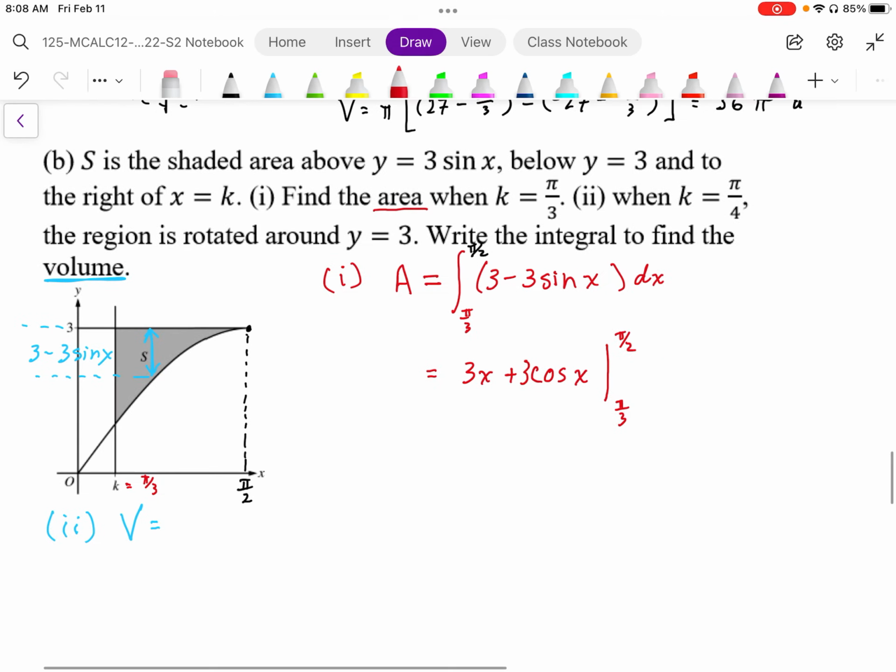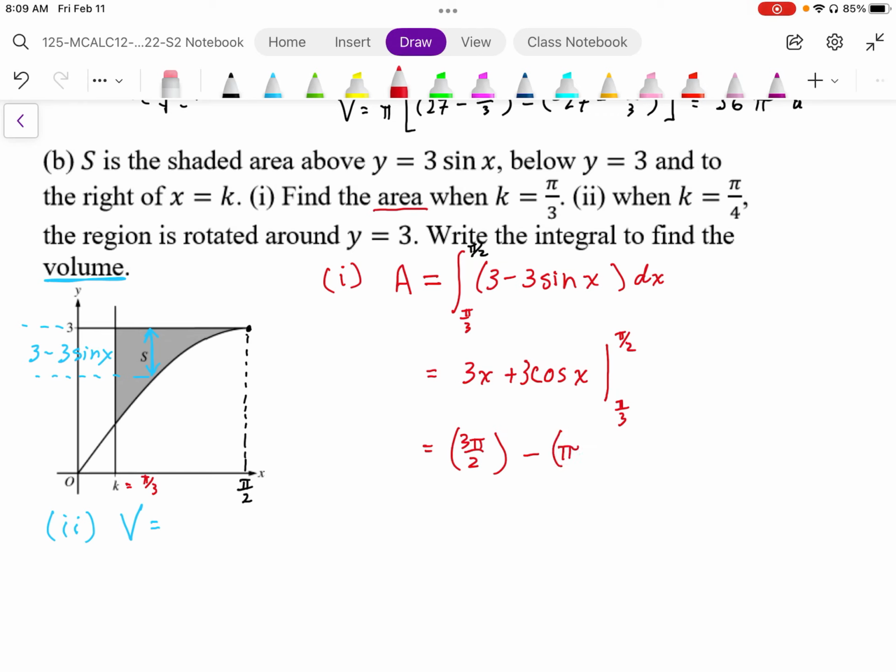Once I've got that, I'm going to plug into my integral, so I end up with 3 pi over 2, plugging in, cosine of pi over 2 is 0, so I end up with that, minus plugging in pi over 3, I get 3 pi over 3, so that just works out to be pi.